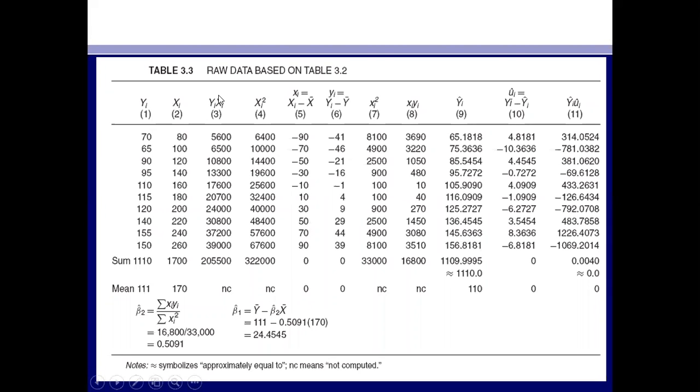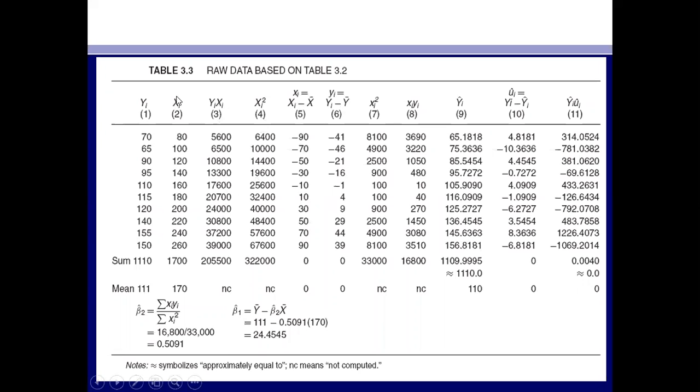For the time being, ignore column 3 and column 4, and come directly to column 5 and column 6. In order to compute column 5, which is small xi, which means capital Xi minus x bar, it requires the value of x bar.